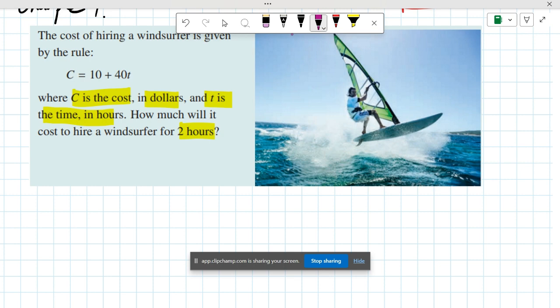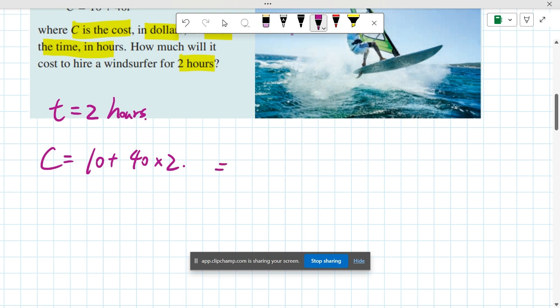So clearly T equals 2 hours, so C equals 10 plus 40 multiplied by 2. Remember, multiplication first and addition second, which gives 90, but make sure it's dollars. Make sure your units are right.